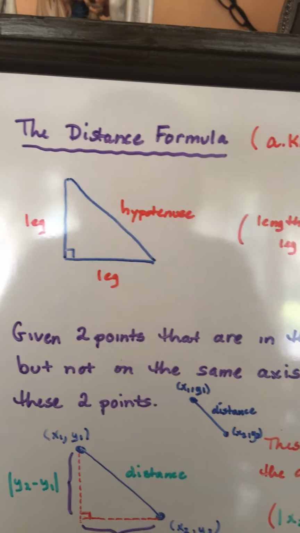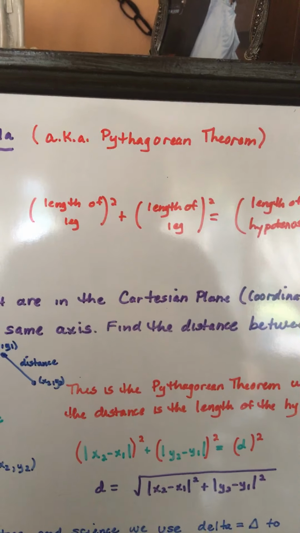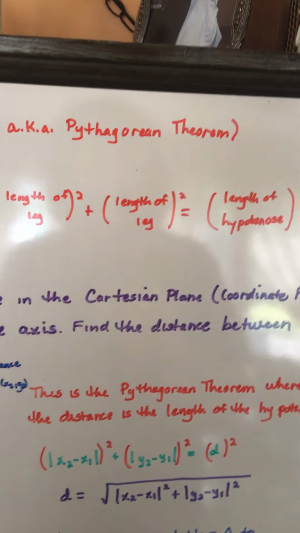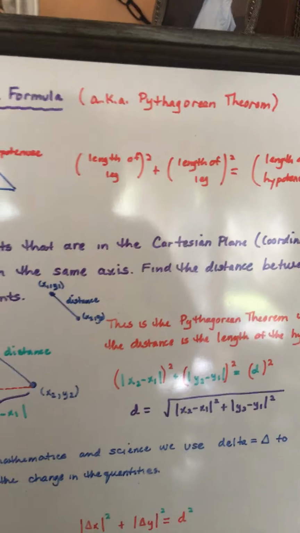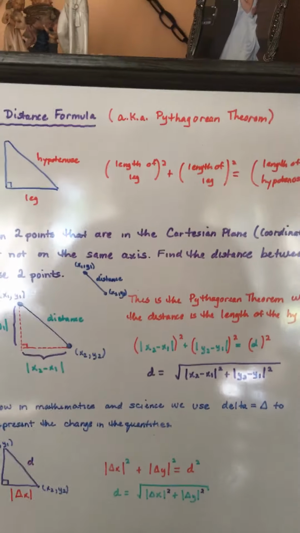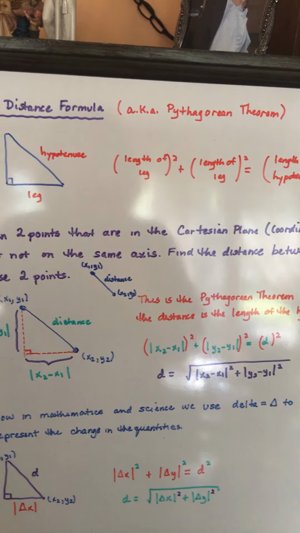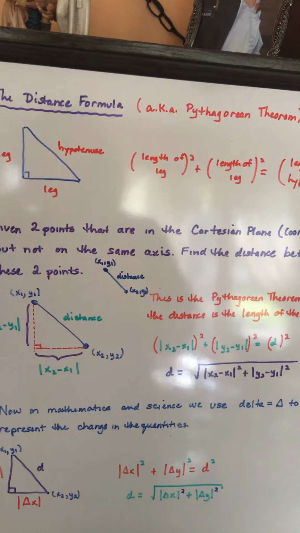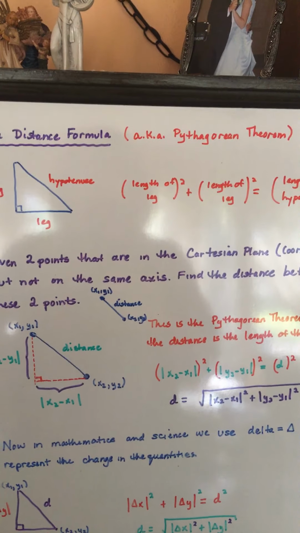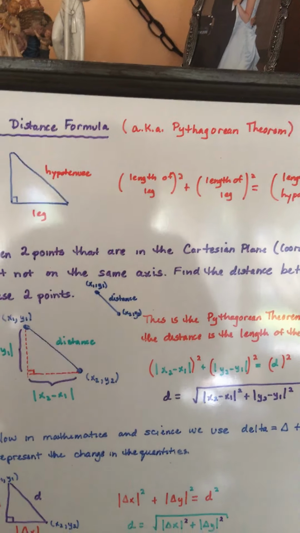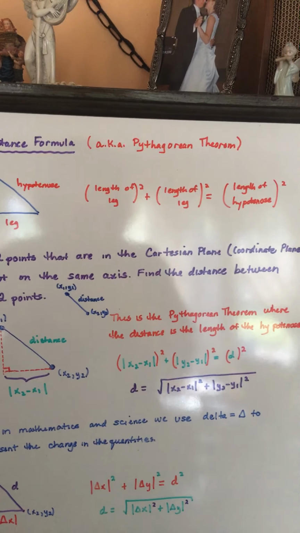Here's your leg, hypotenuse. We know it's the length of a leg squared plus the length of the other leg squared. That sum is the length of the hypotenuse squared. Now I'm going to take any 2 points that are in the Cartesian plane, that is the coordinate plane, because they're dumbing down America again.